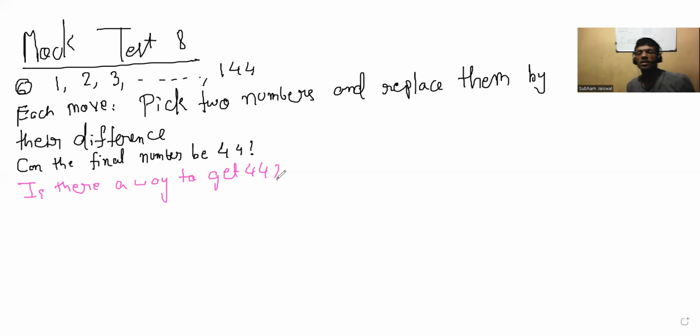Any guesses? Have you tried anything on this? Okay, let's take small cases and see. Otherwise, you don't know. Let's take 1 to 4. My first question is, is there a way to get 0?